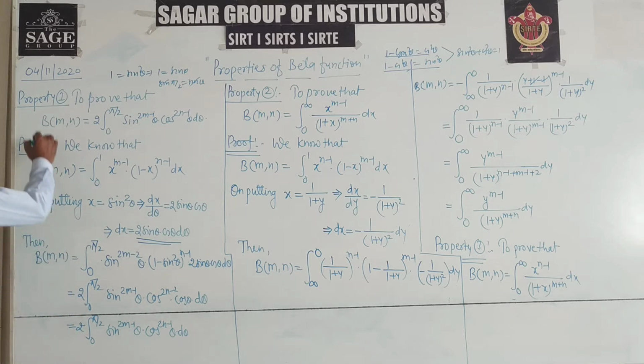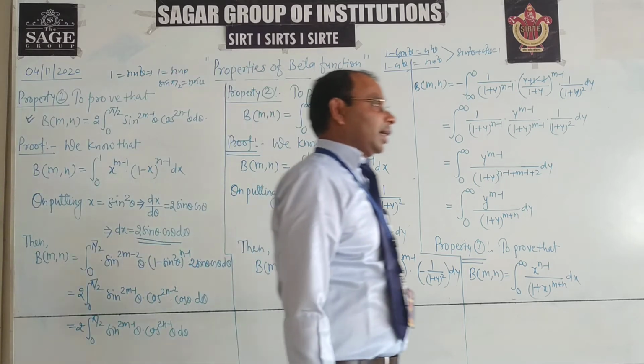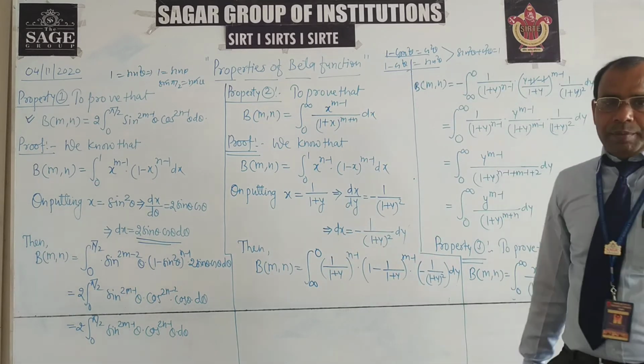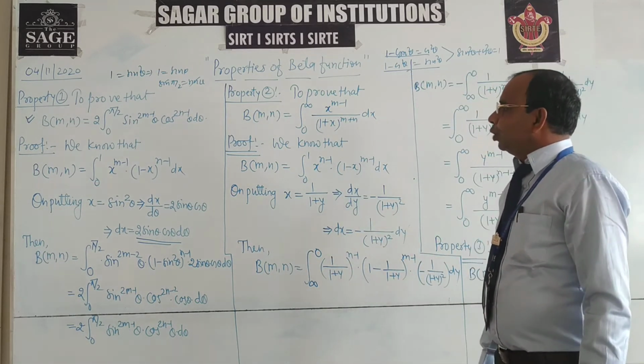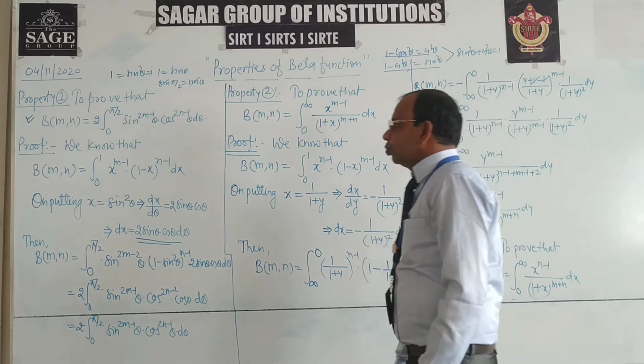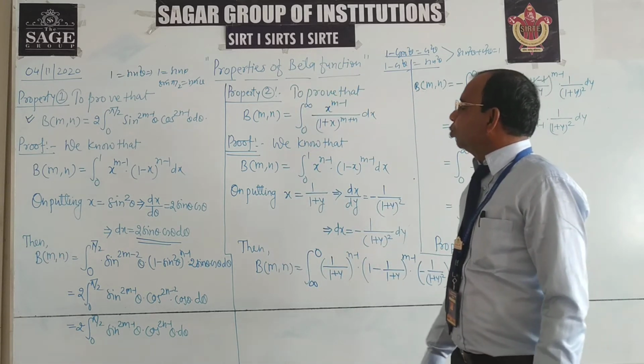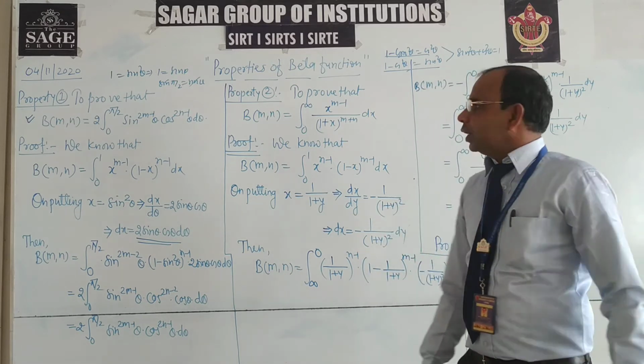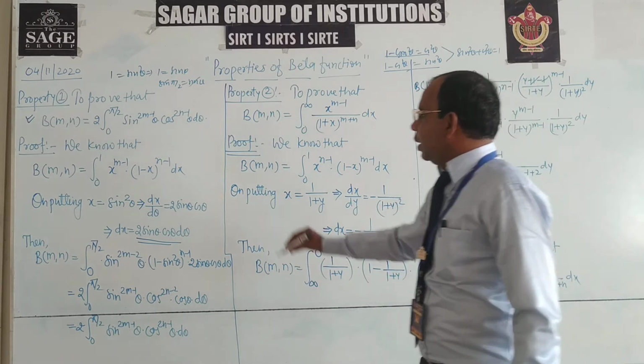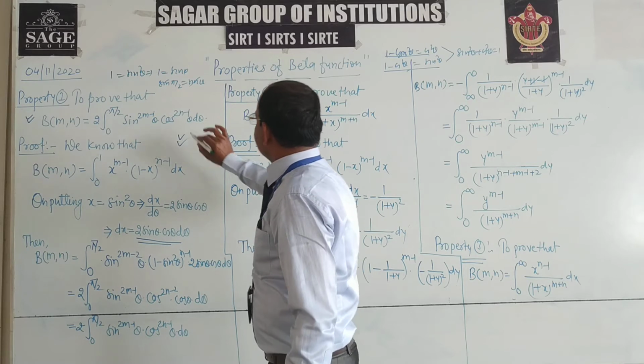This is the first property of the beta function in the trigonometrical format. So beta(m, n) equals 2 times the integral from 0 to pi by 2 of sin^(2m-1) theta cos^(2n-1) theta d theta. This is the proof of the first property.